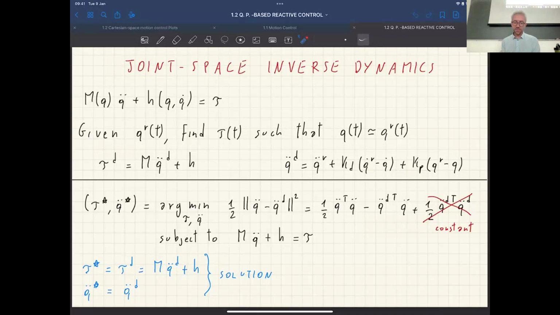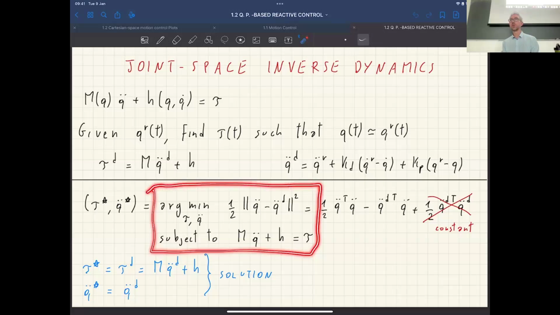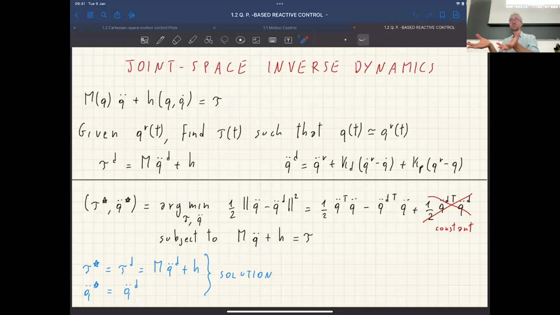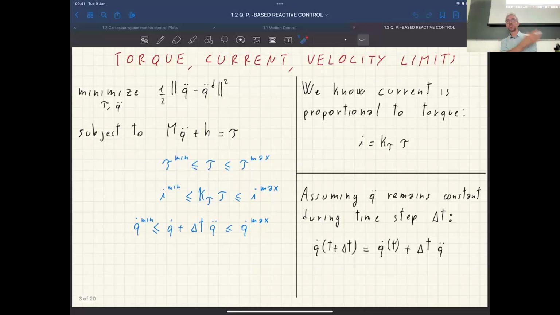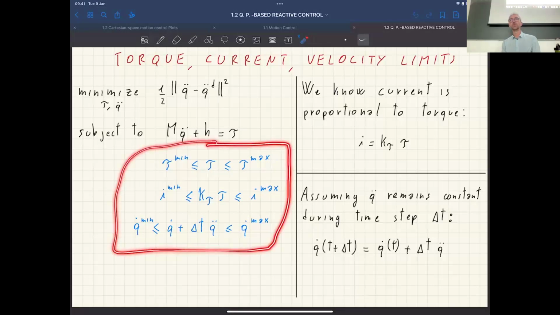Okay, so we have this alternative way of thinking about the inverse dynamics control problem, which is writing it down as an optimization problem. Then in theory, we could pass this problem to a solver and let the solver do the computation for finding the solution. This would be pretty useless because we already know the solution of that problem, but the advantage of having this new viewpoint is that now we can augment the problem with all sorts of new constraints.